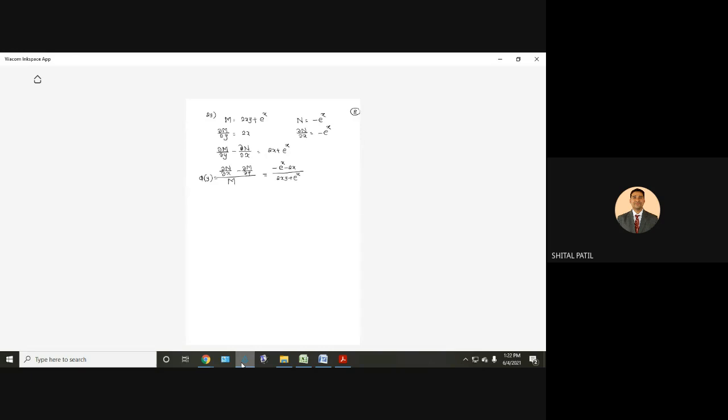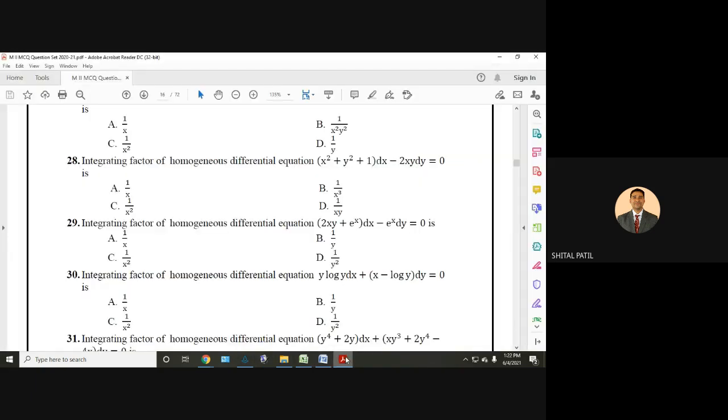I think we are not able to solve this. Some mistake is there. Let me check that. 2xy plus e raised to x dx minus e raised to x dy. It should be e raised to x y.